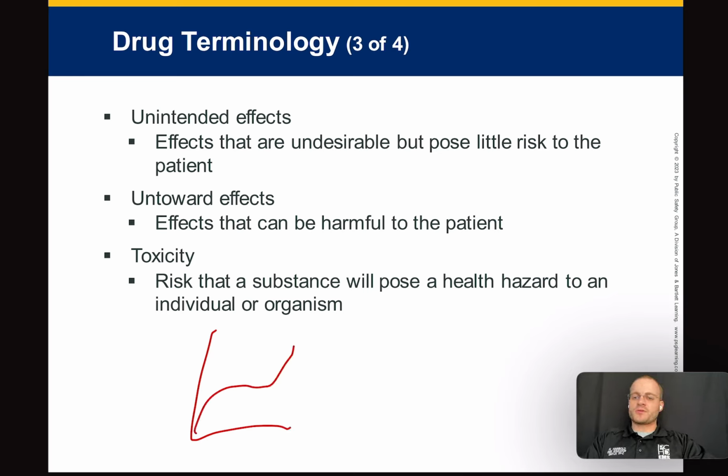The red line's therapeutic, and this blue line's toxic. And somewhere in between here is the therapeutic index, right? Somewhere in between you're providing therapy and you're at the therapeutic threshold. And if you go over this blue line, you're going to be in the toxic area. So reasonably, the wider the therapeutic index, the safer a drug is. So a drug like oxygen has a very wide therapeutic index, as opposed to a drug like digoxin, which has a very narrow therapeutic index.